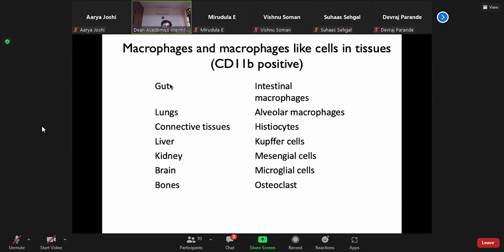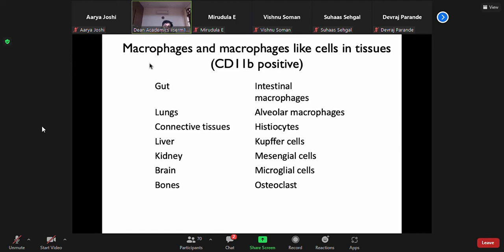We referred to in one of those early slides that these monocytes, when they get into a particular tissue site, you start calling them differently. In blood, these cells are called monocytes. Once they get into tissues, you call them macrophages, right?